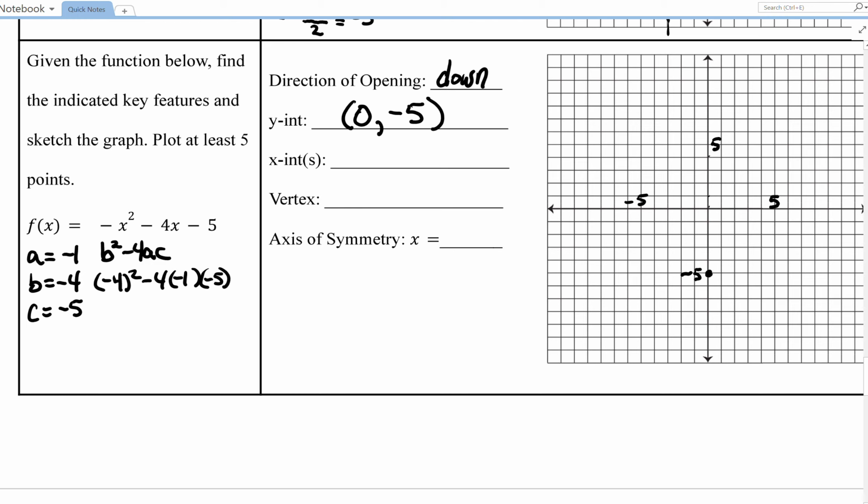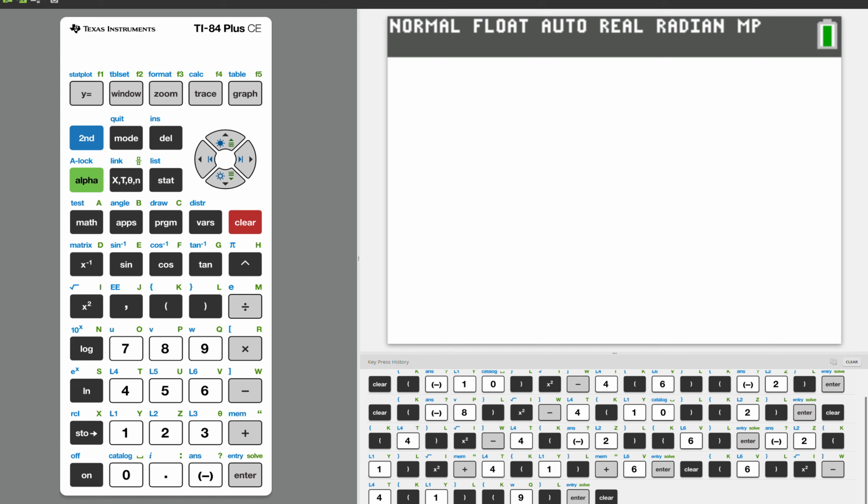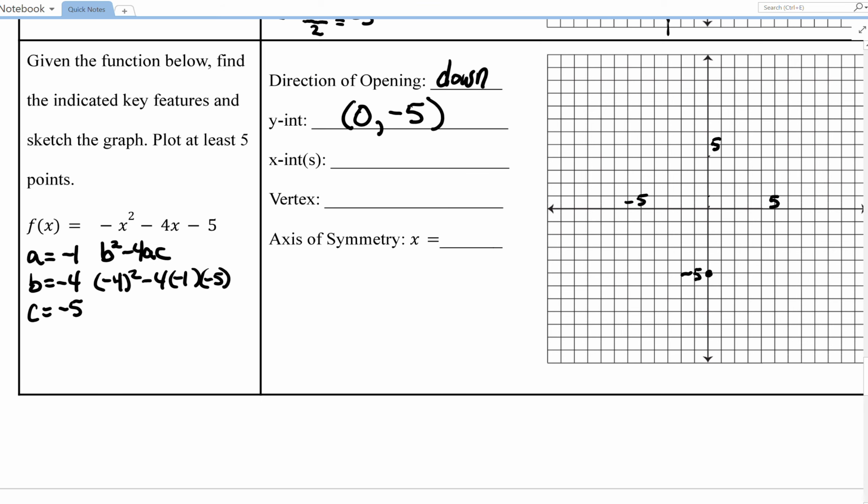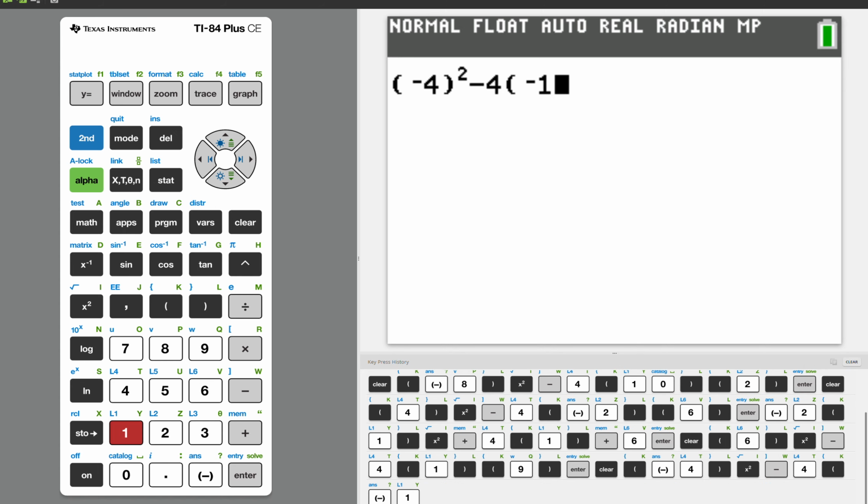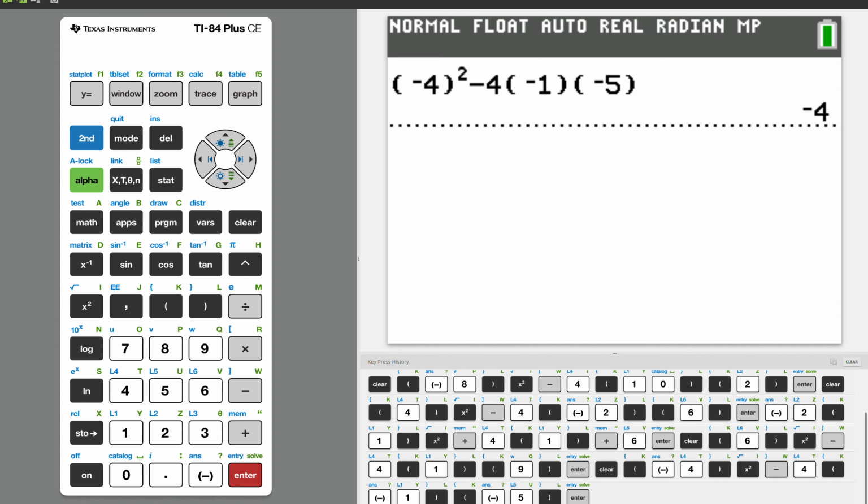And so I plug that into my calculator. I got -4 squared minus 4, and then a -1 and -5. -1 times -5, and then I hit enter and I get -4.